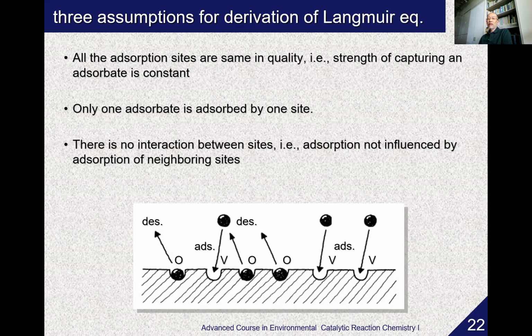That is, there is no concept of surface included in this Langmuir isotherm. So the first one, all the adsorption sites are same in quality. And one adsorbate is adsorbed by one site. And no interaction between sites.